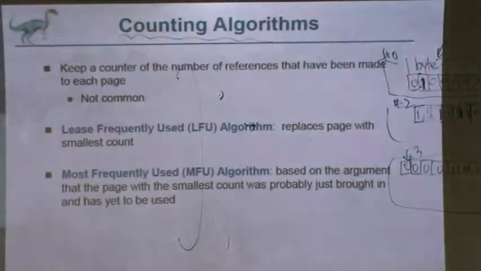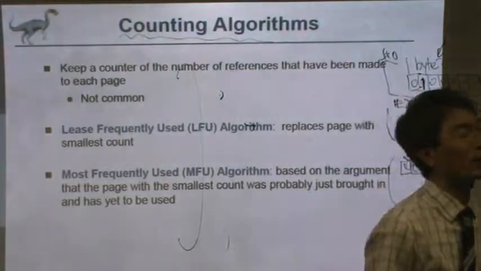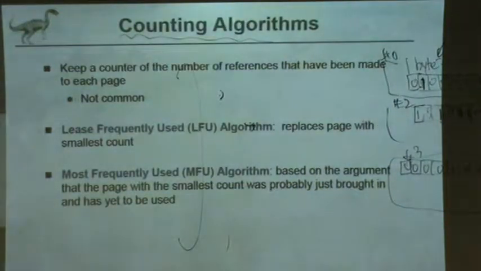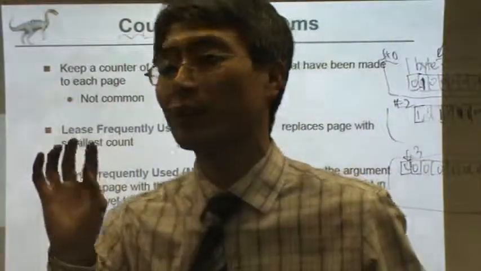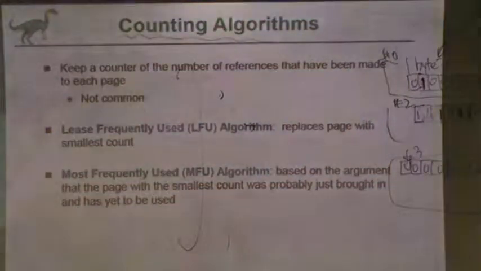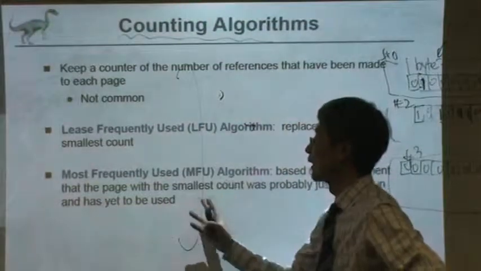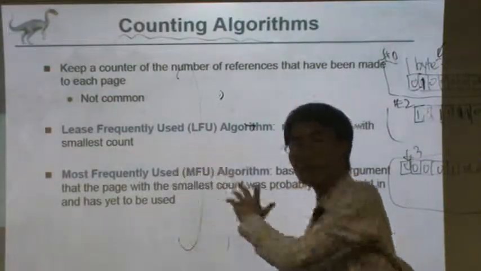Also, another method to decide the victim page is counting how many times a page is referenced. So we use a counter. There are two ways: least frequently used and most frequently used. Higher number means most frequently used.